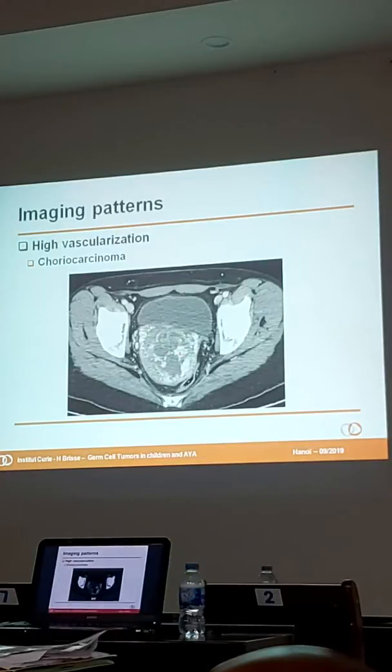And this is especially observed in choriocarcinomas. And it is logical because choriocarcinoma looks like the placenta. So it contains vascular lakes, so it has the same imaging pattern as a placenta. So this is a very typical case of choriocarcinoma.